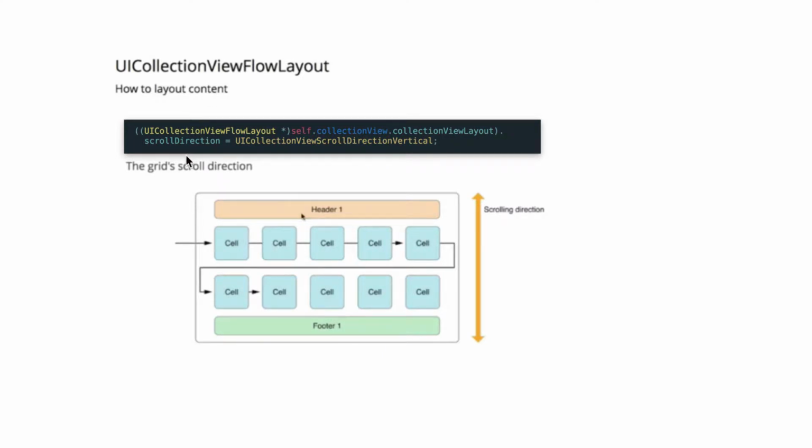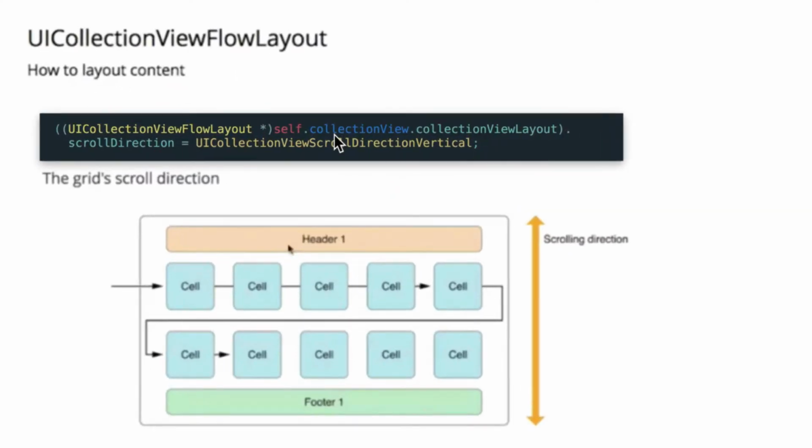Okay, so flow layout. One of the things that we have here is the scroll direction. So we can set the scroll direction. You can see that here I'm getting a reference to the flow layout. Notice self.collectionView, which is an outlet to the collection view, and I'm doing .collectionViewLayout.